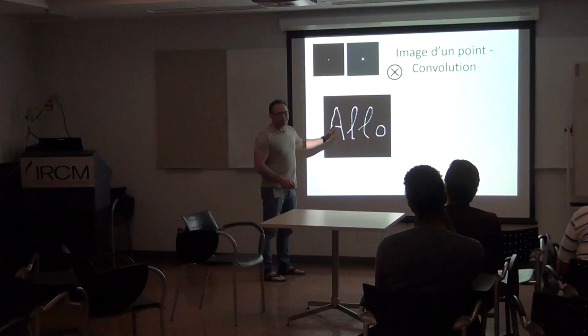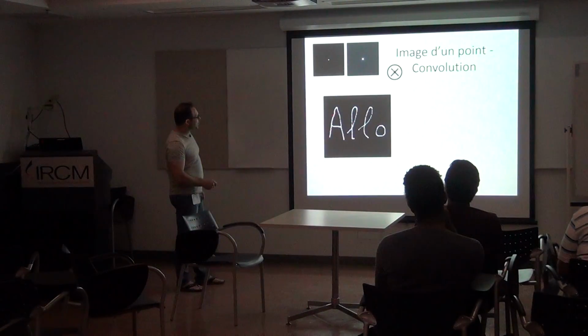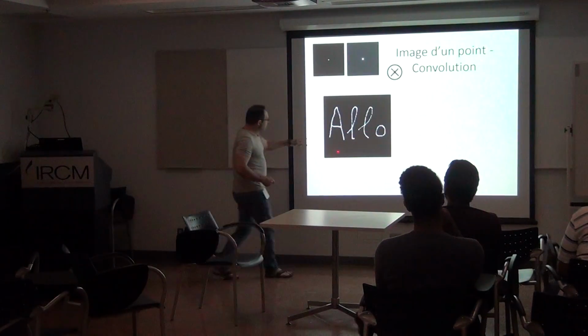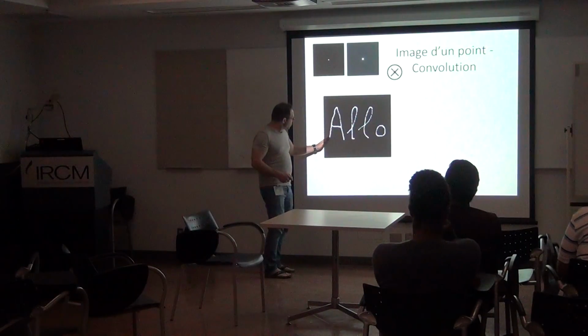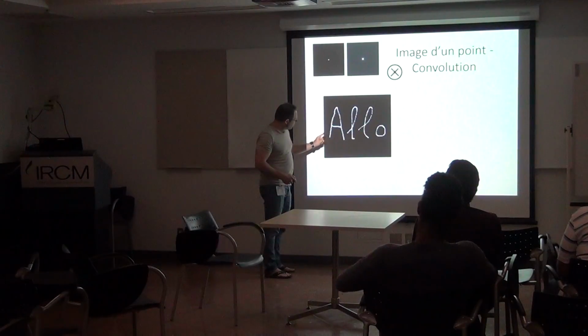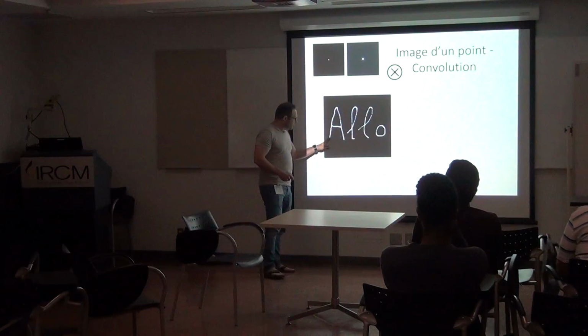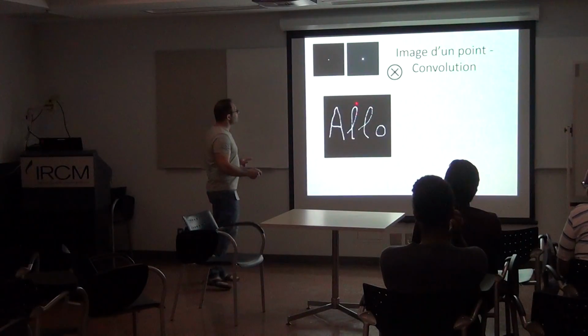In French, it's halo, A-L-L-O. Simpler. So let's say you have halo like this, and the halo would be your object. So every pixel which composes the letter A here is either white or black. Okay?